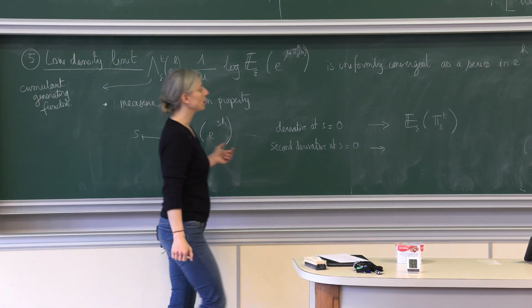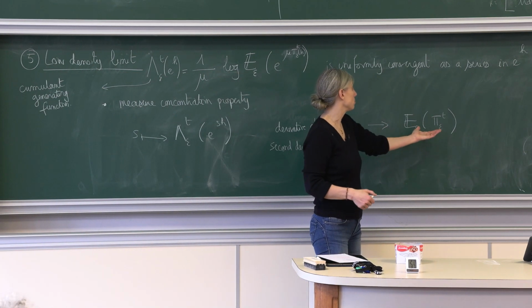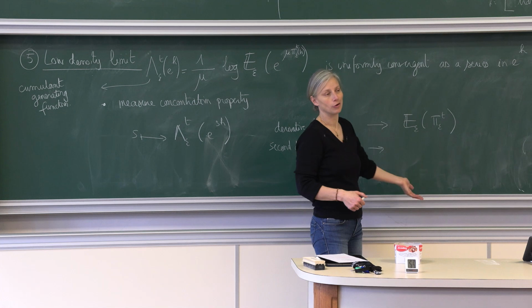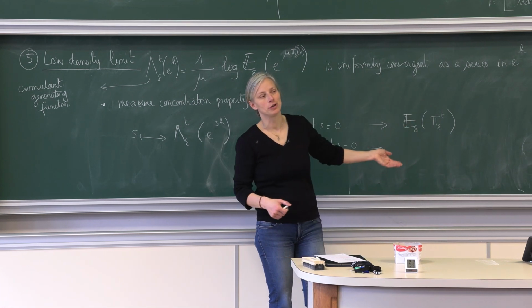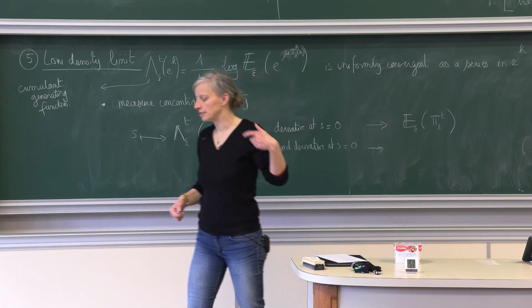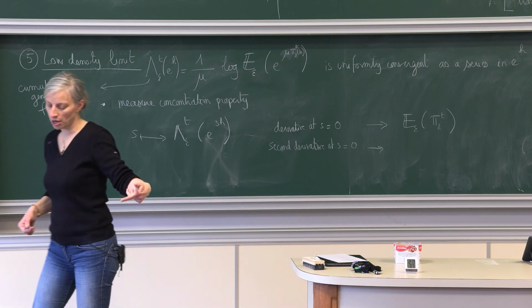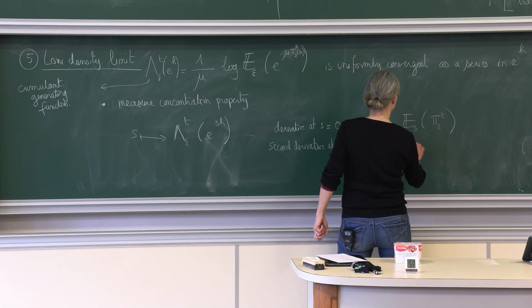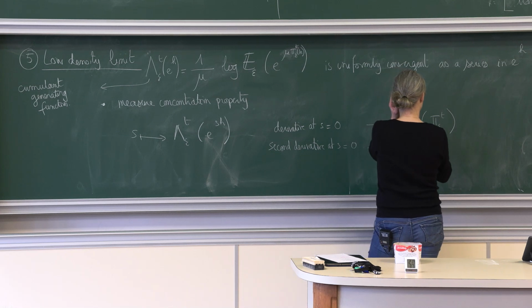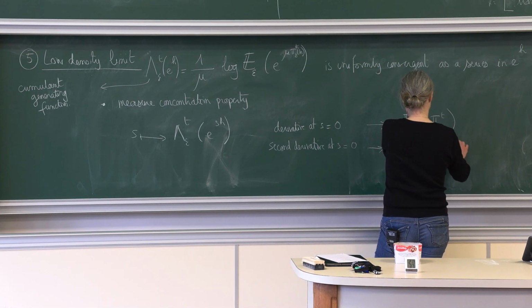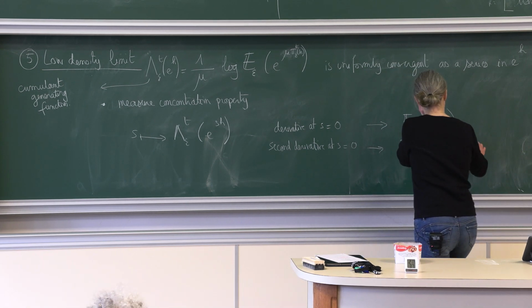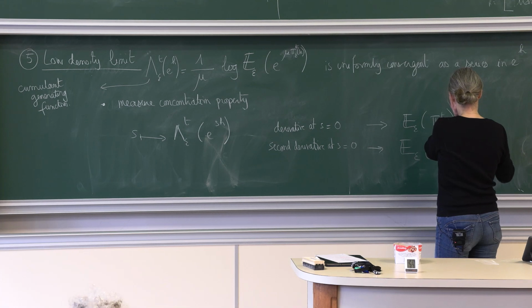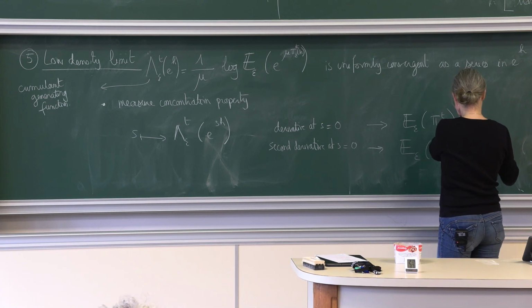So if everything is factorized, then you get this and then 0 for all the other cumulants. But if it's not factorized, then the first term is still the average and the second term is the variance. Expectation of pi epsilon t minus the expectation of pi epsilon t to the square.